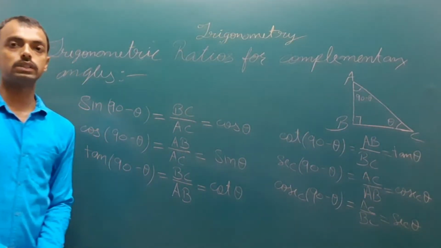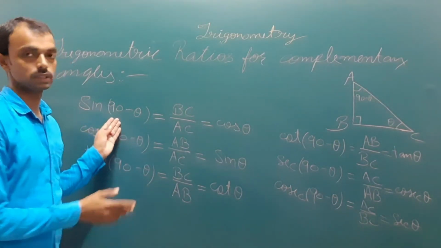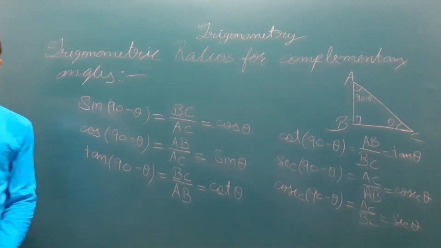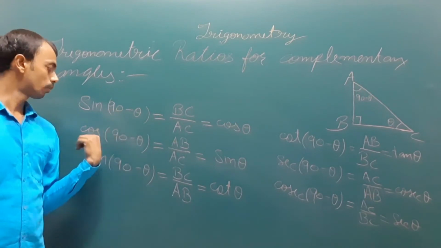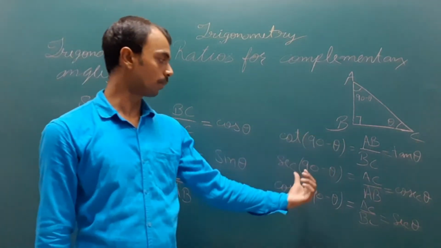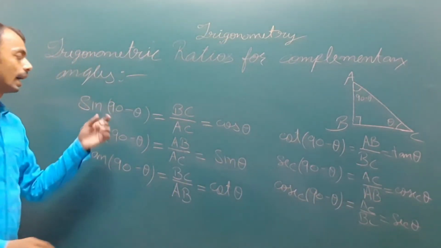I hope you have understood the conversion process of 90 minus theta to theta. It changes from sine to cos, cos to sine, tan to cot, cot to tan, sec to cosec, and cosec to sec, if I am adding or subtracting from 90.